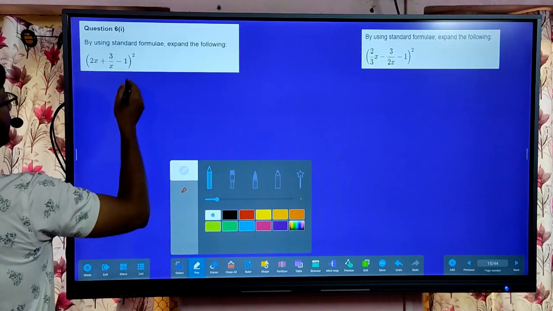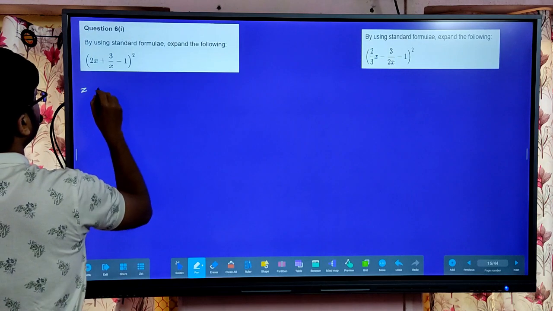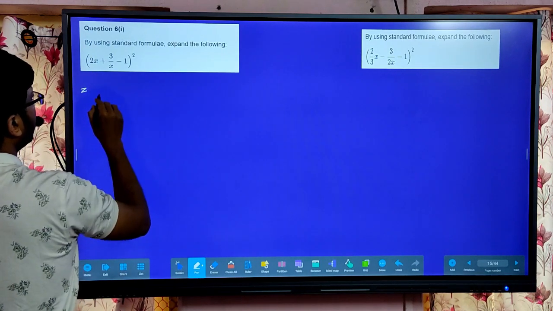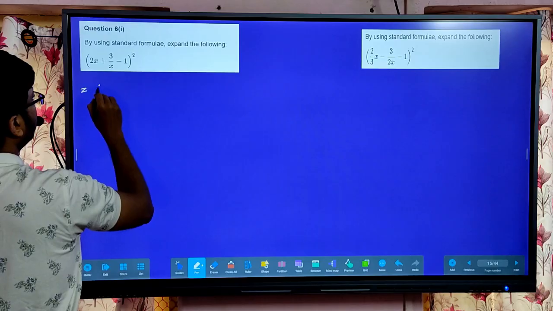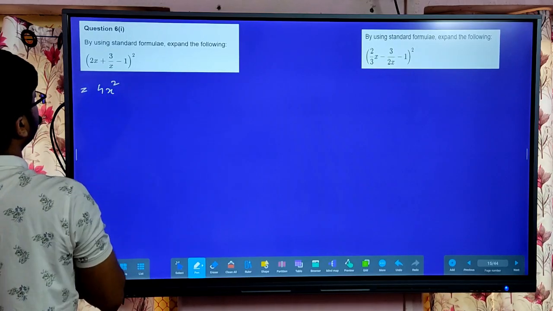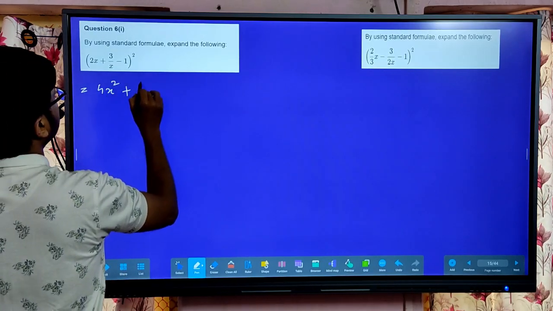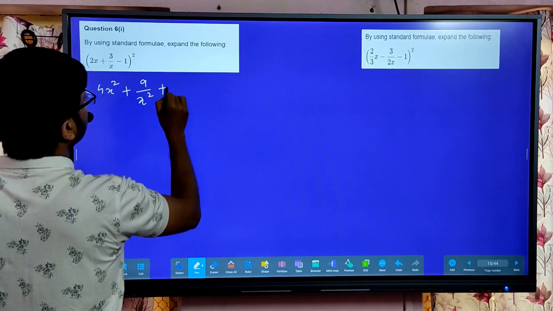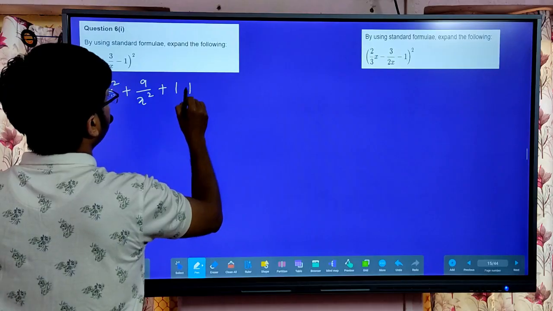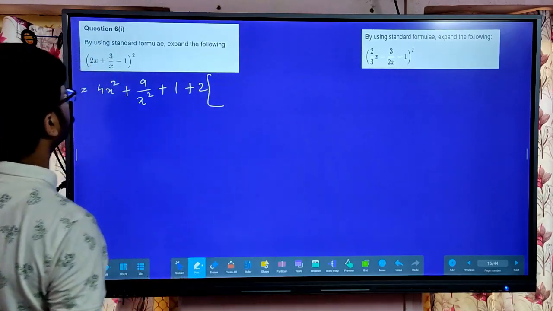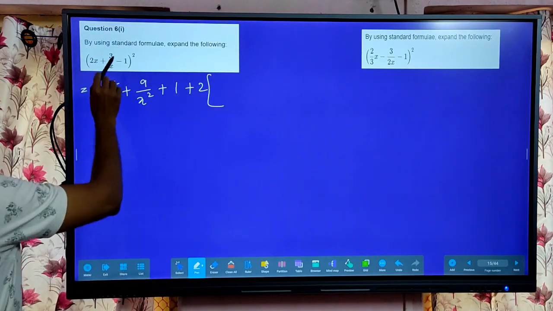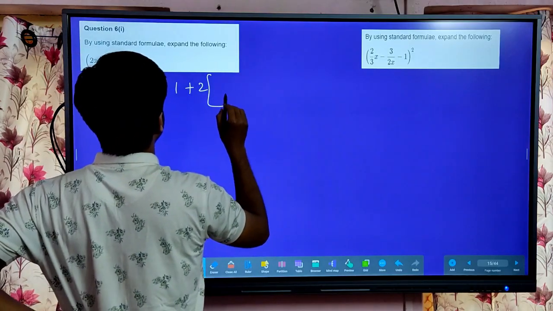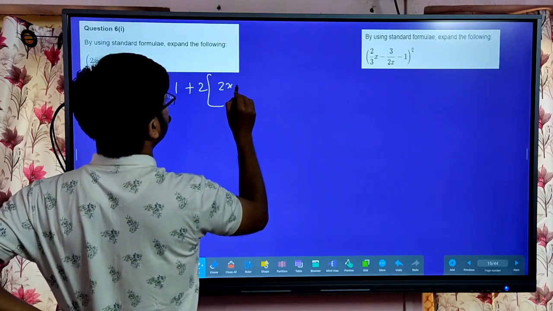So it is a plus b minus c whole square. I am doing it directly, it will be 4x square plus 9 by x square, then 1 square is 1, then plus 2. Here you have to put the sign. AB, 2x into 3 by x.